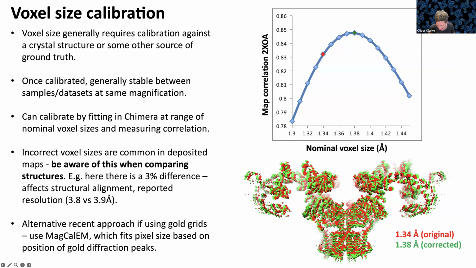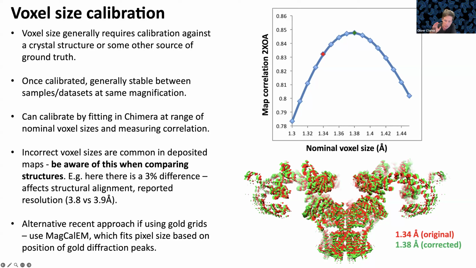Depending on how you collected your data or how a facility collected your data, the nominal pixel or voxel size that you get from the facility may or may not be super precise, right? So you should always be asking how the magnification was calibrated at the scope that you're going to be using. Because once it is calibrated, it's generally stable between samples and data sets for a while at the same mag.